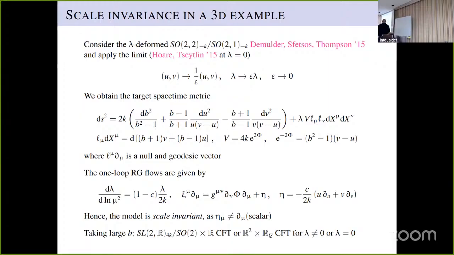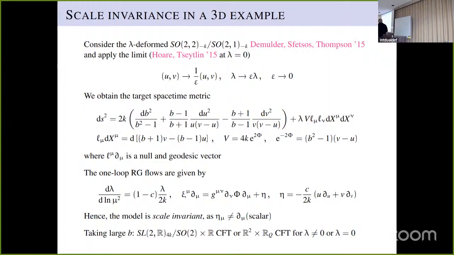By taking this correlated limit, one can find the corresponding target space metric takes this form, plus the deformation. I wrote the deformation like that because still this takes the form of the Kerr-Schild ansatz.